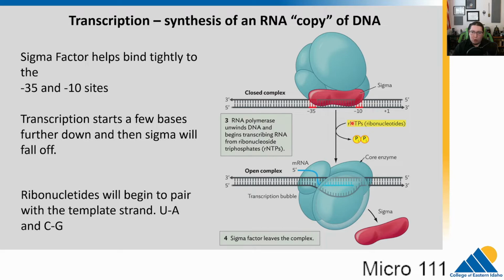This is going to incorporate what are called RNTPs, right? We talked about in DNA replication, DNTPs. RNTPs are the A, U, G, and C that get added. And it matches the gene sequence based on base pairing, right? A with U, G with C, that kind of thing.